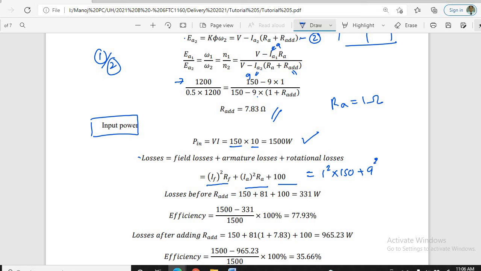It is unchanged, so 9 squared into R_A, which is 1, plus the rotational losses, right? Which is equal to 331 watts.